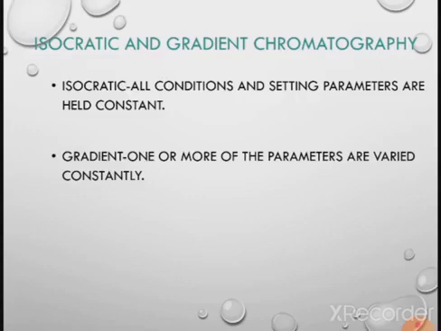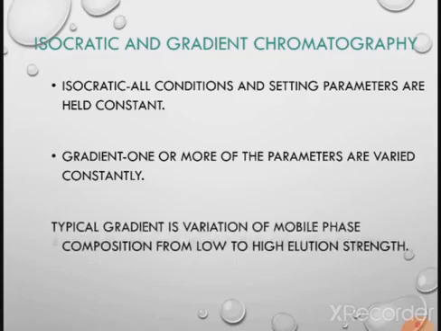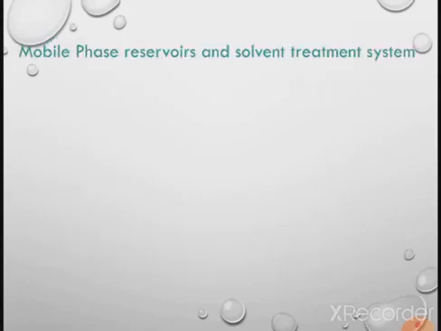Also one can have a temperature or flow gradient. That means we can vary the temperature, increasing or decreasing it, or increasing or decreasing the flow rate. So this is also called a temperature or flow gradient. So this is about isocratic and gradient chromatography.